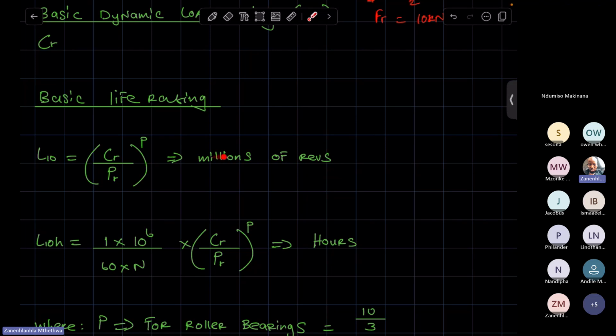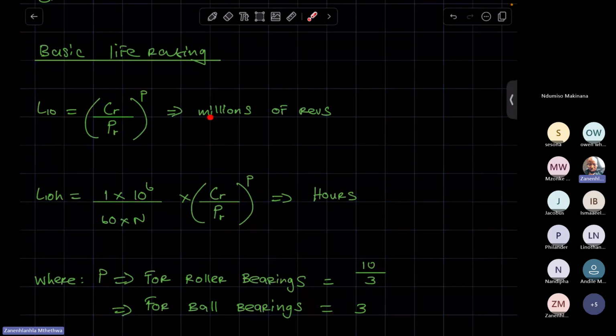For millions of revolutions, it means that the bearing has been estimated to run for at least such and such millions of revolutions before it starts showing signs of fatigue. And from the perspective of hours, this is the number of hours that we estimate the bearing will last before it starts showing signs of fatigue.